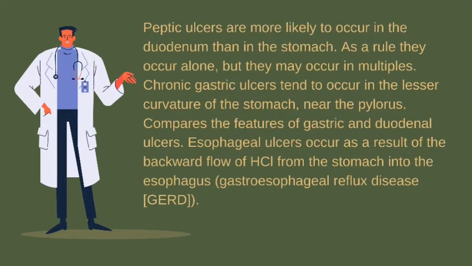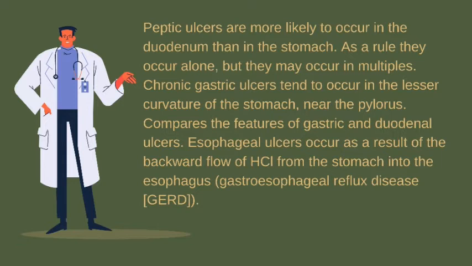Here we are seeing that a peptic ulcer is more likely to occur in the duodenum area than in the stomach area. The ulcer may occur alone, and sometimes multiple ulcers may occur. They are focusing more on gastric ulcers: chronic gastric ulcers tend to occur in the lesser curvature of the stomach.